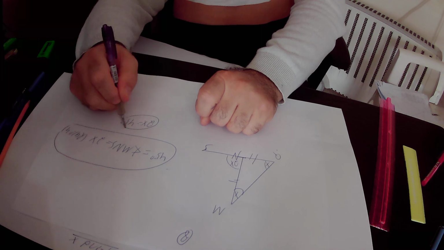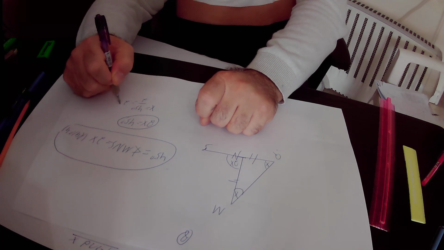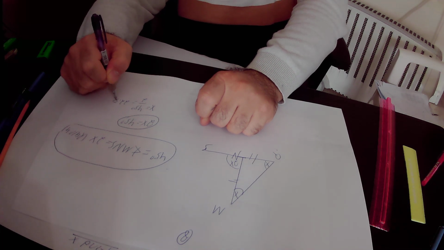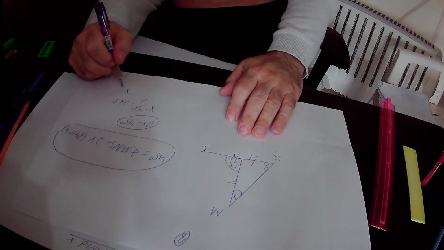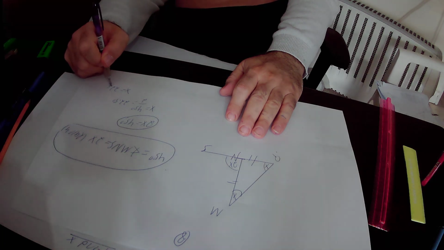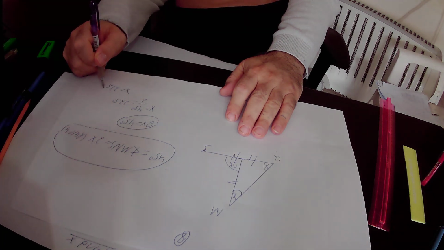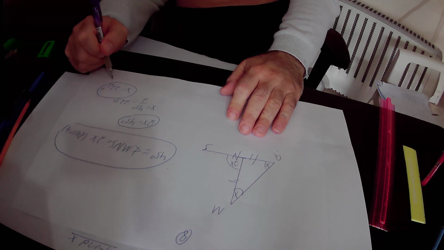We will divide this equation by 2 and we will get that x equals 45 degrees over 2, that is to say x equals 22.5 degrees. So we found out that angle x equals 22.5 degrees, exactly as we found in the first method. So angle x equals 22.5 degrees.